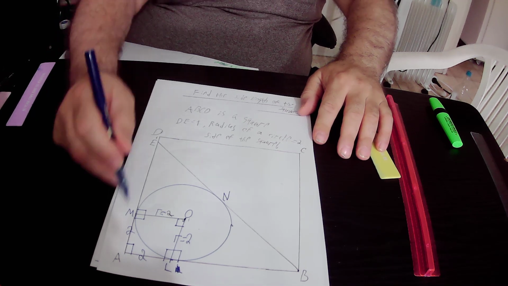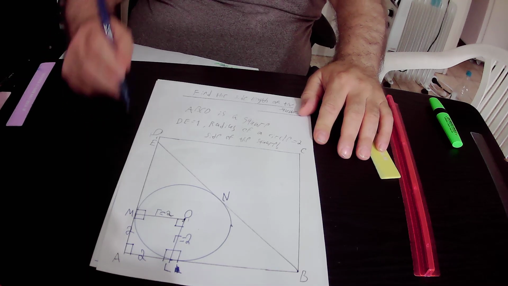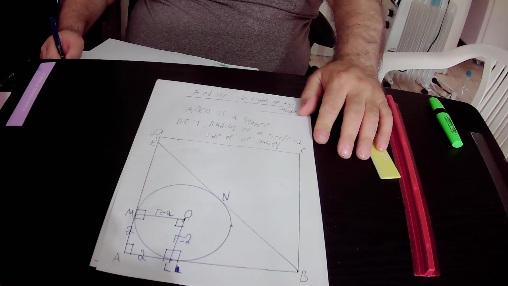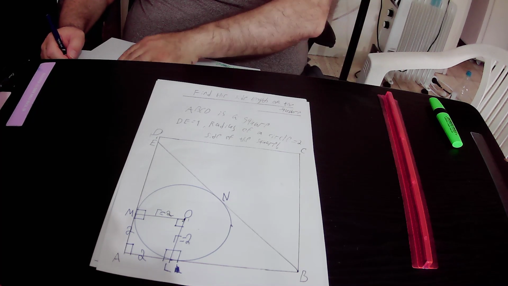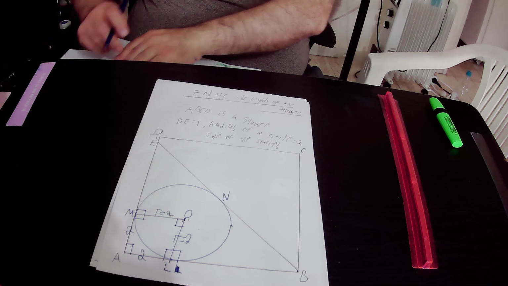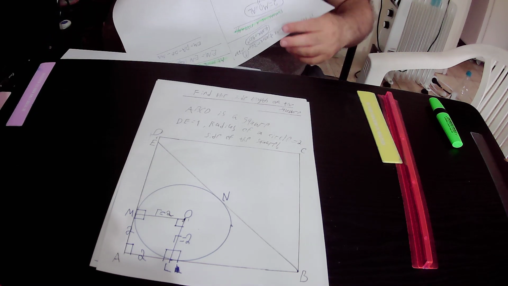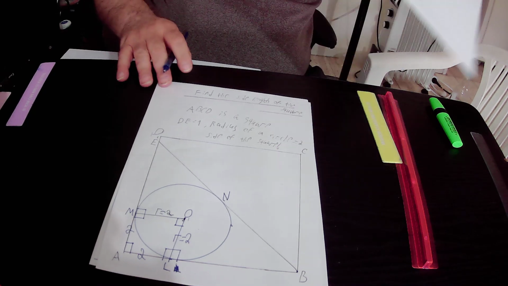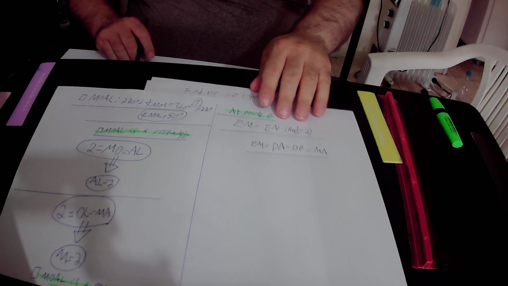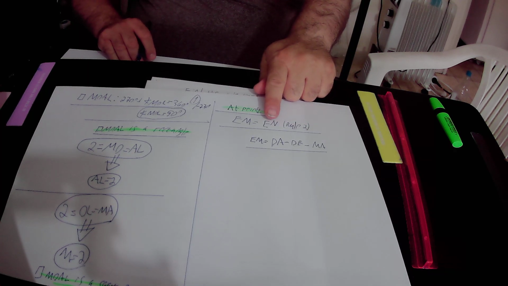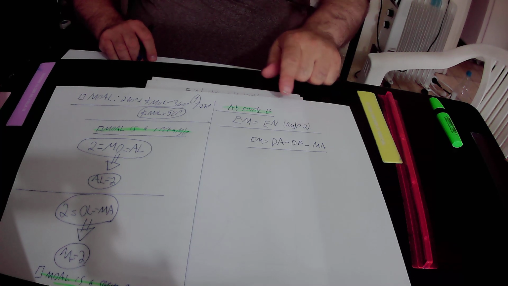Again, it is DA minus DE minus MA. I repeat again, from the drawing it is very easy to see that the length of tangent EM is equal to DA minus DE minus MA.